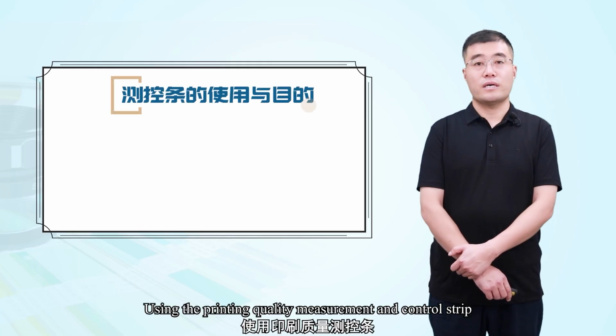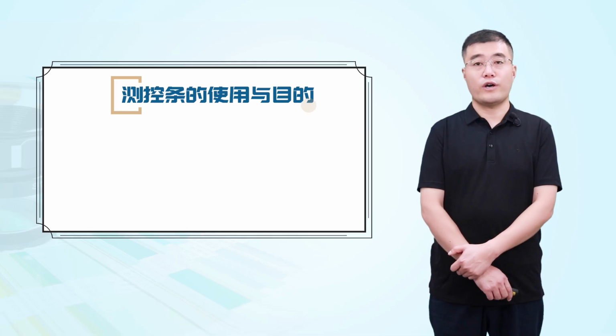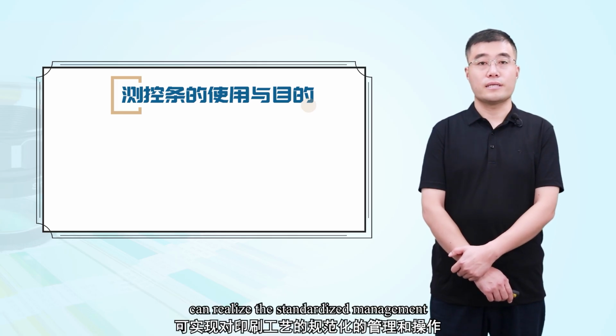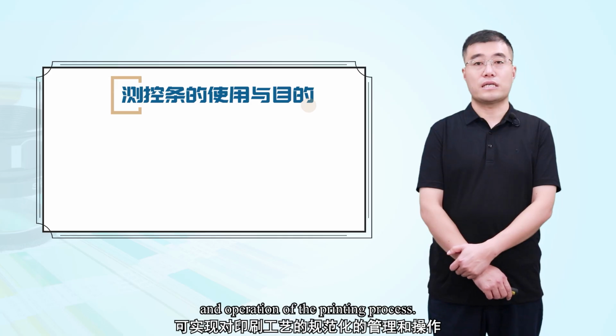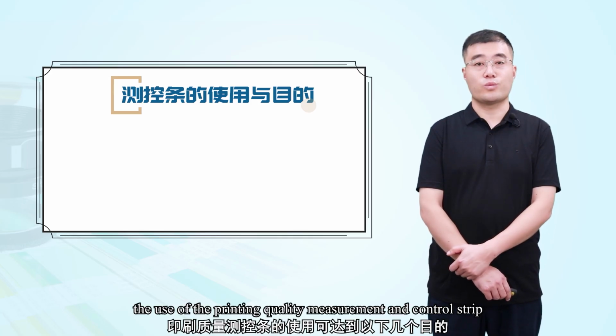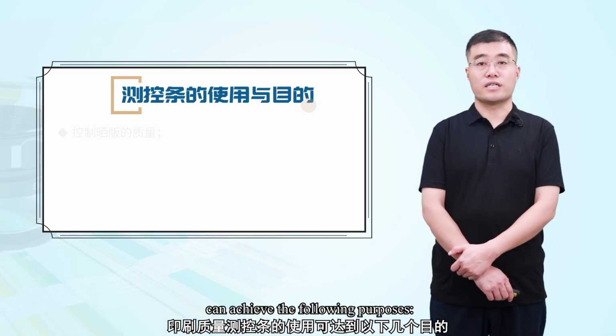Using the printing quality measurement and control strip can realize the standardized management and operation of the printing process. Therefore, the use of the printing quality measurement and control strip can achieve the following purposes.